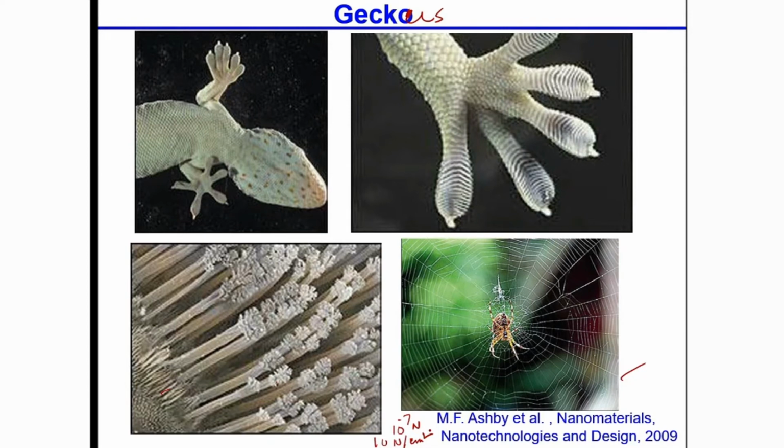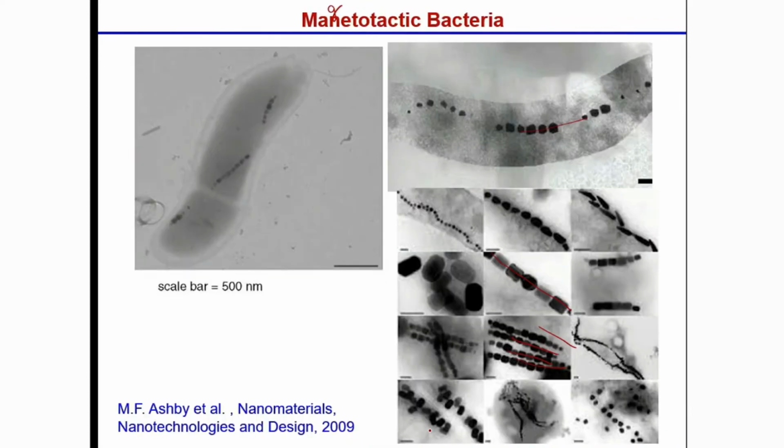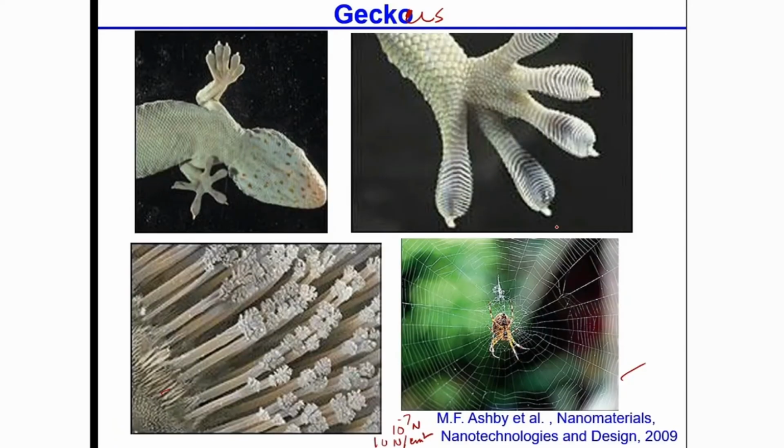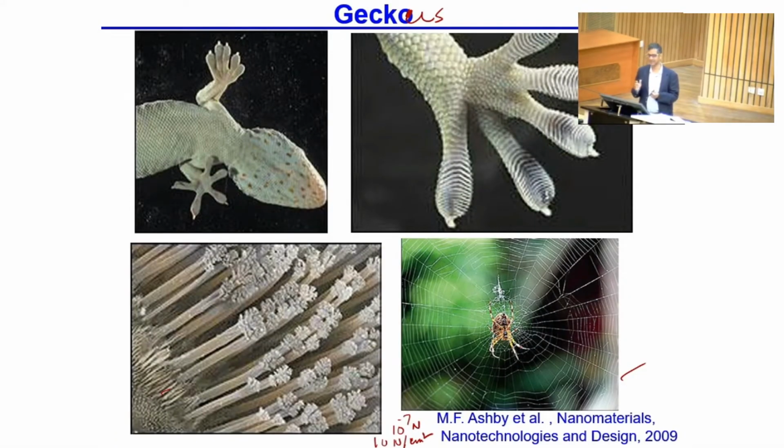And these crystals get aligned in particular directions. So what you have is aligned crystals like in the bacteria, but they are not inorganic crystals, they are organic crystals in a kind of matrix. Crystals and matrix have the same structures.